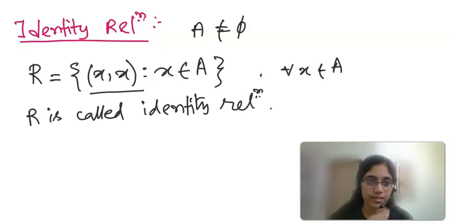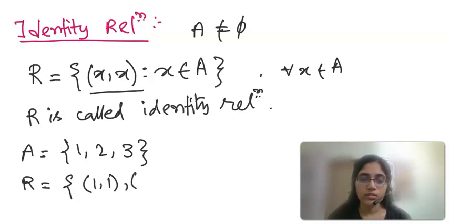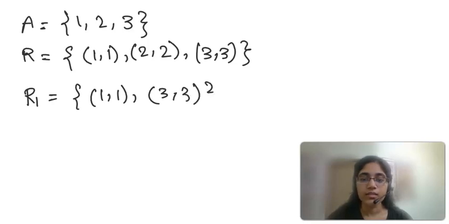Let's take an example. Suppose A equals {1, 2, 3}. Then if we define R as {(1,1), (2,2), (3,3)}, this relation is called an identity relation. Now suppose we define R1 as {(1,1), (3,3)}.